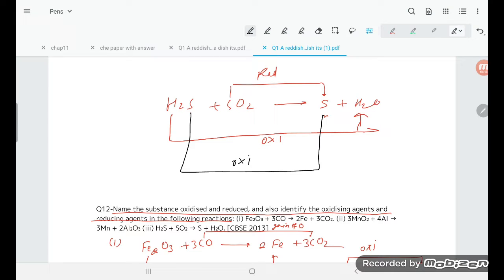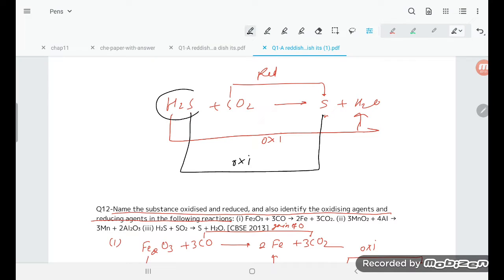H2S has lost hydrogen to change into sulfur, thus it is oxidation. And SO2 has lost oxygen to change into sulfur, so it is reduction. So H2S has acted as a reducing agent.